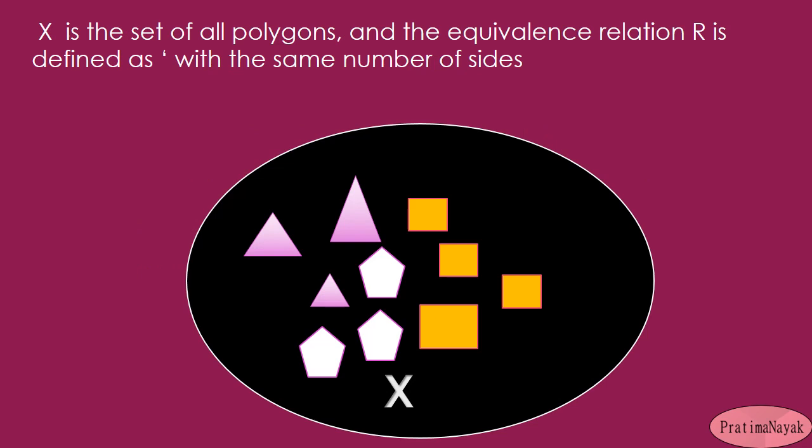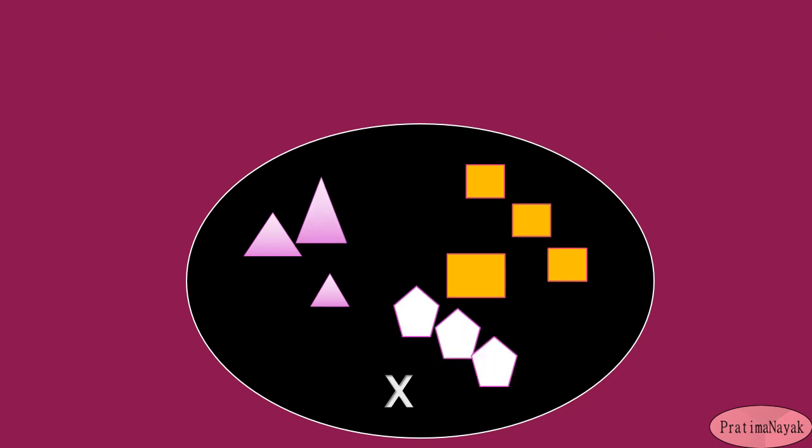Now let us take another example. X is the set of all polygons and the equivalence relation R is defined as with the same number of sides. So is it an equivalence relation? Yes. Now here we can find the subsets.